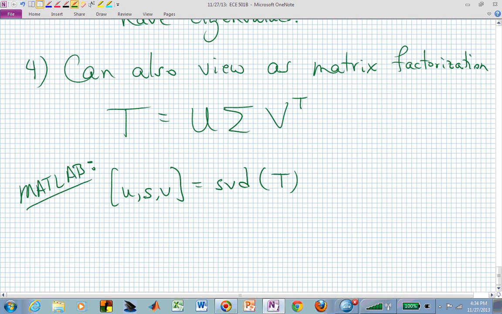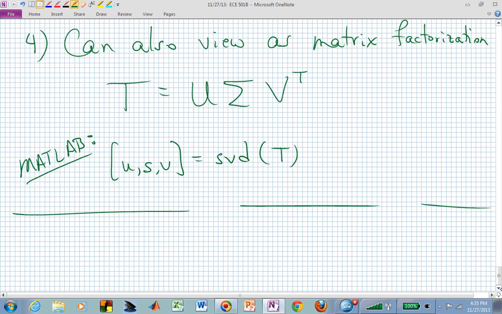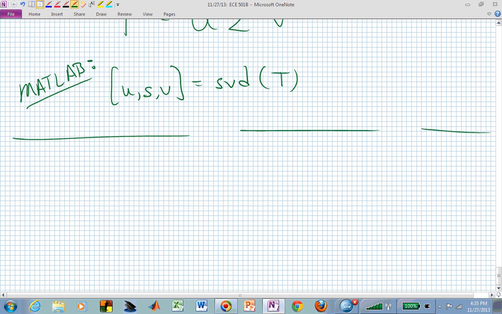So let's look at a matrix example of this, sit back and look at what the numbers are, and I'll try to quickly put this on the screen. It may take a while, but hopefully you'll start to see what can be done with singular value decomposition numerically.